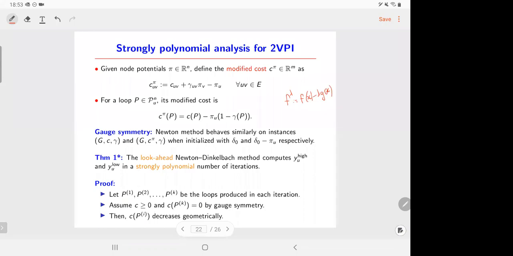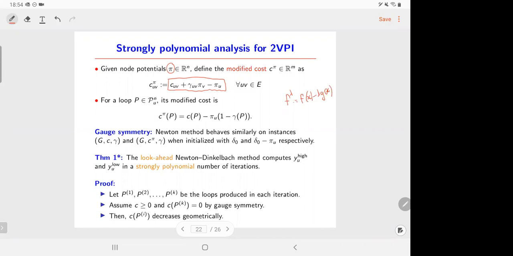In the 2VPI world, we will be modifying the edge cost by the usual modified cost seen in many network flow algorithms. So this is the reduced cost. For a given set of node potentials, c_pi of uv is just the reduced cost on that edge.